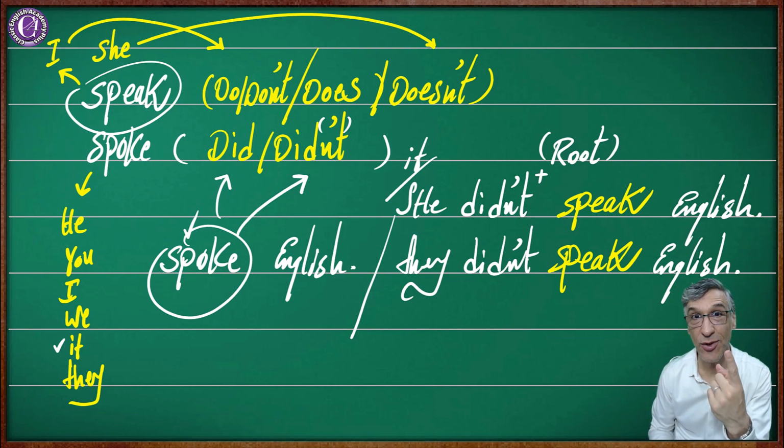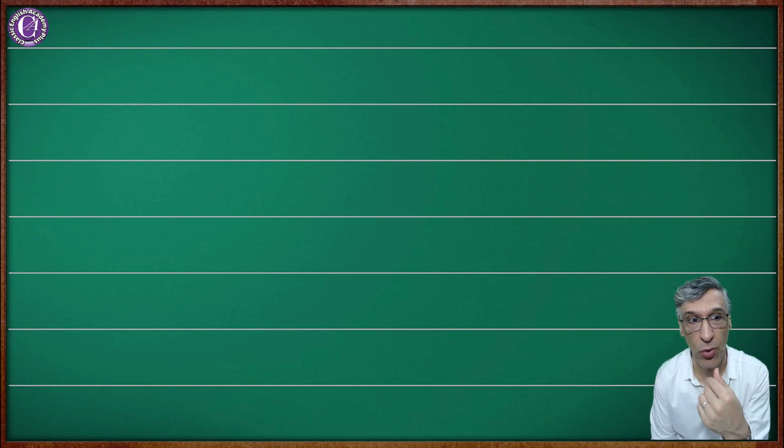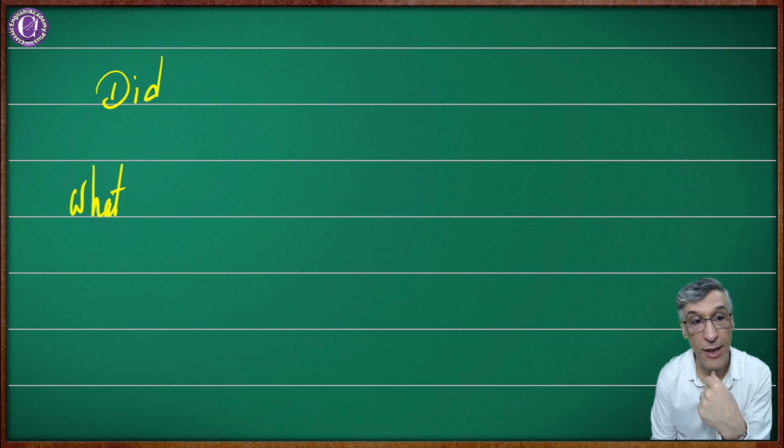Okay, let's go for the question forms. The questions can come in two different ways. Of course, we know what it is, huh? Did you? Or we can say what. What did? We can say also how.